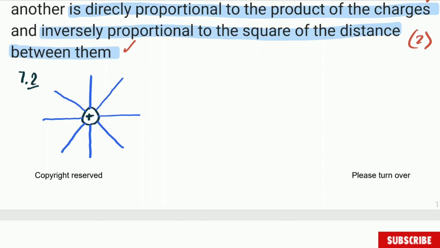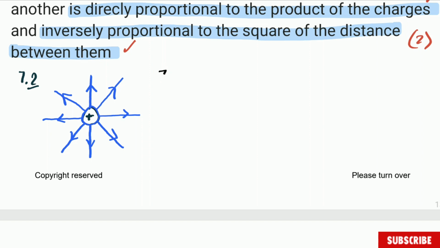The difference is if the charge is positive, as we have here, then the direction is going to be out of the charge. That is the only difference between the positive and the negative. If the charge is negative, everything is the same, but instead of the arrows pointing away from the charge, they will be pointing towards the charge. And this, guys, is question 7.2.